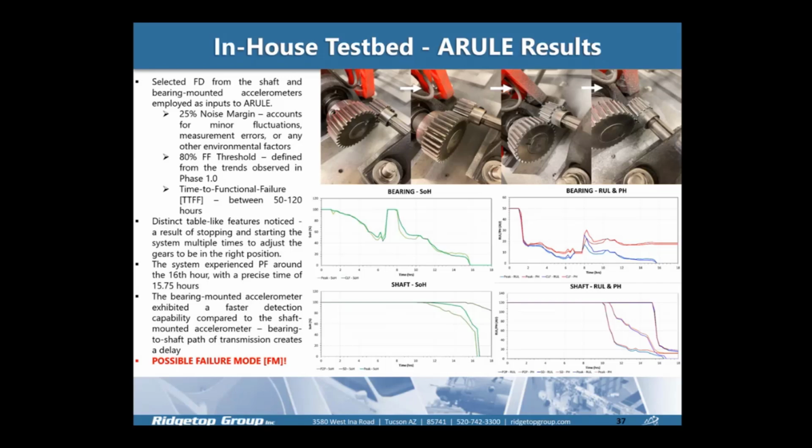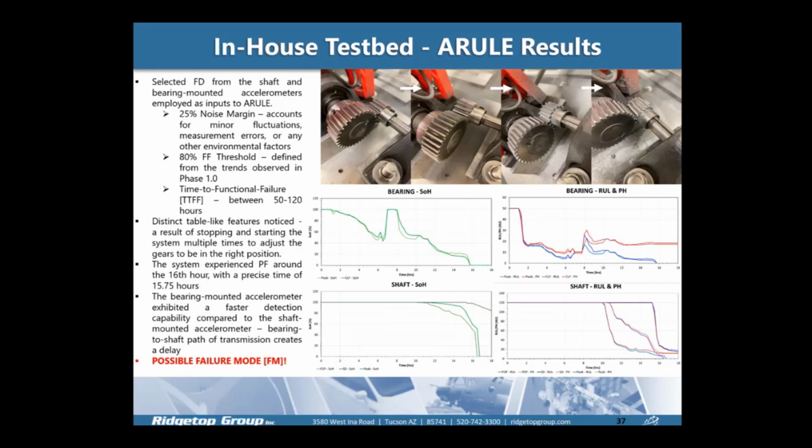In the ARULE output plots, you see these distinct table-like features at some points. That's a result of stopping and starting the system multiple times to adjust the gears to be in the right orientation.